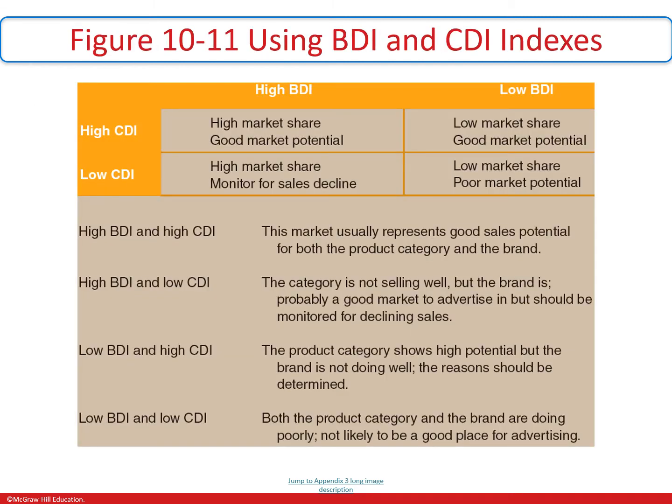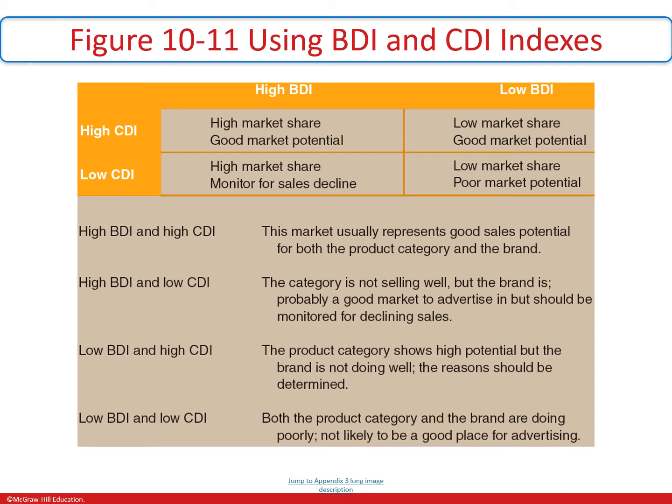So here is what I was referring to. When you have high BDI, meaning your brand development index, your brand is selling in terms of percentage of sales, your brand is doing well. There you have high market share, and high category development index says that there is good market potential because the category is growing as well.